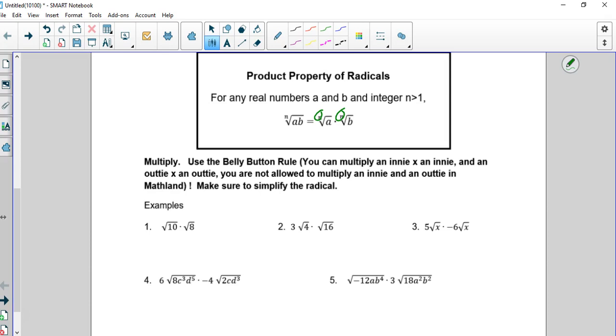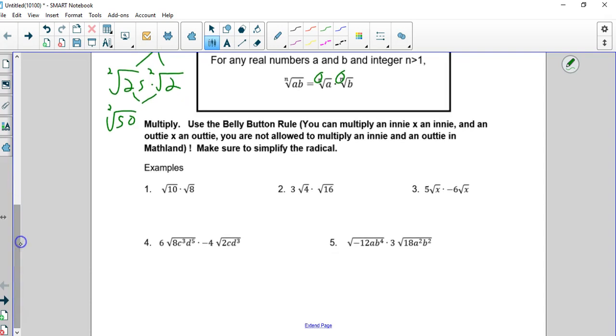And if you think about it, when we were simplifying, what did we do? We said square root of 50 was the square root of 25 times square root of 2. You've already done this. And consequently, it comes back the other way. 2 times 25, same index, right? Therefore, it's the square root of 50. So you've already been doing this.